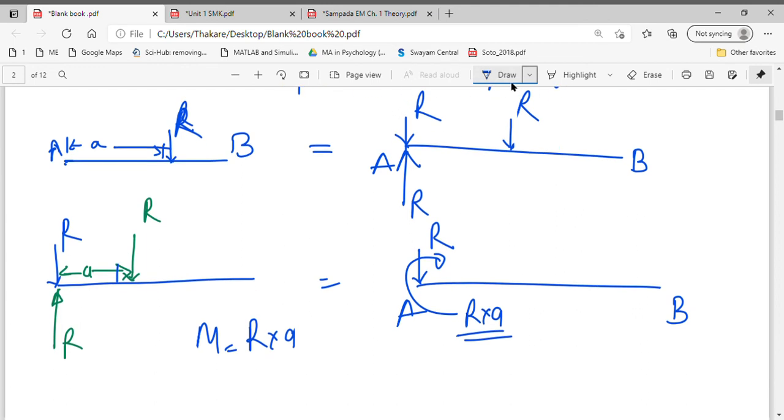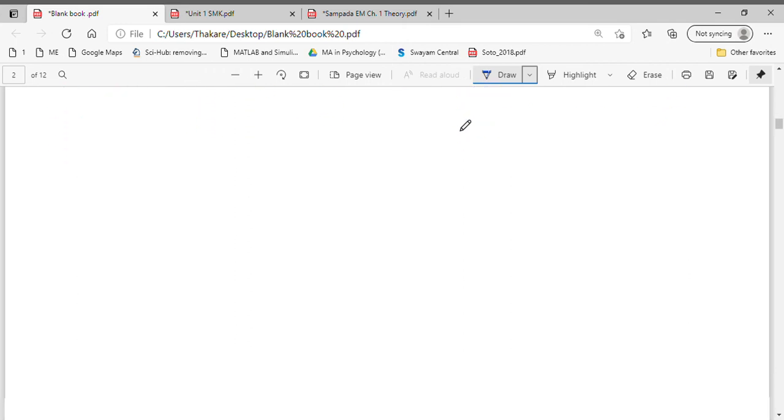Let us see an example when the force is acting in an inclined direction.